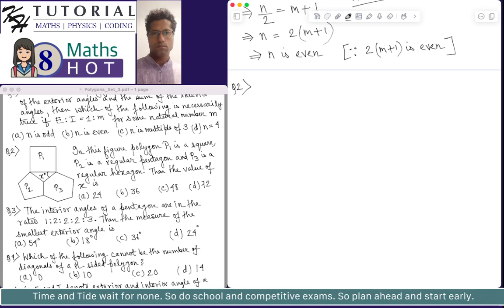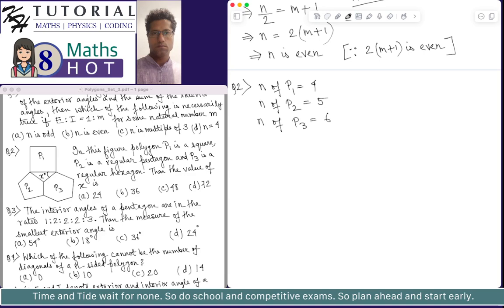So let's say n of P1, the number of sides of P1, is equal to 4, since P1 is a square. n of P2, P2 is a regular pentagon, so it will be 5, and P3 is a regular hexagon, so n will be 6.